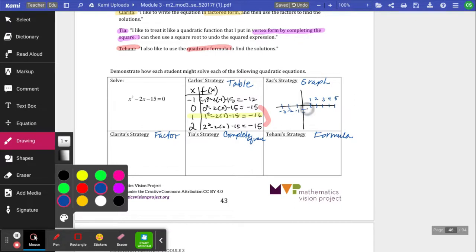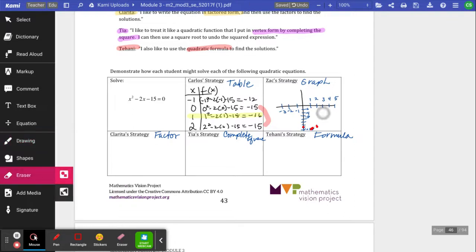But going down, I'm going to count by 2s. 2, 4, 6, 8, 10, 12, 14, 16. So going out to 1, -16, and then doing 0, -15, and 2, -15, we're going to see a parabola that basically does something like that.